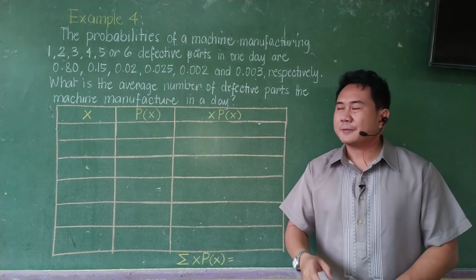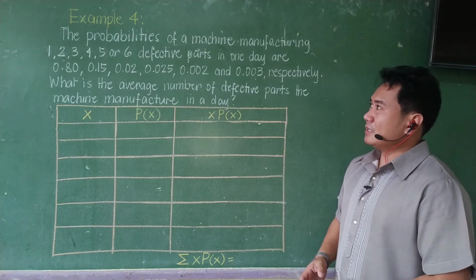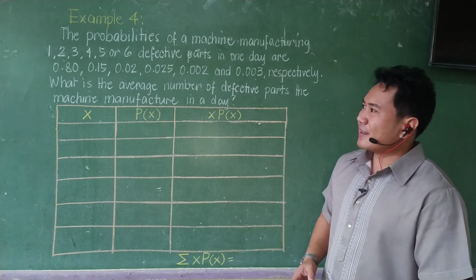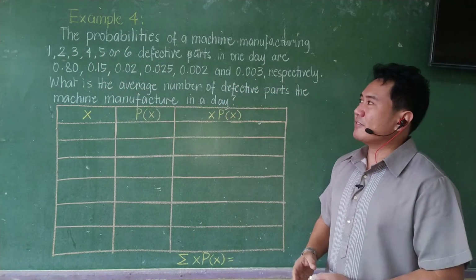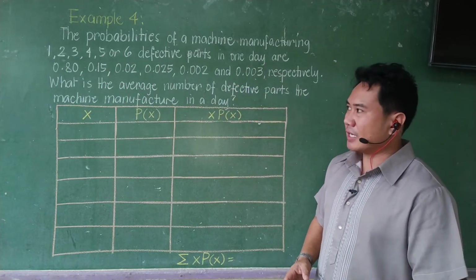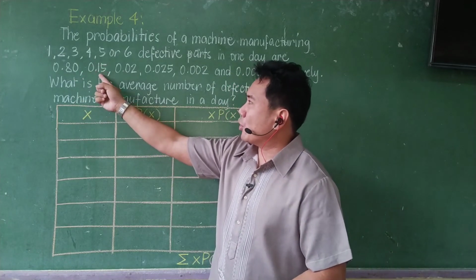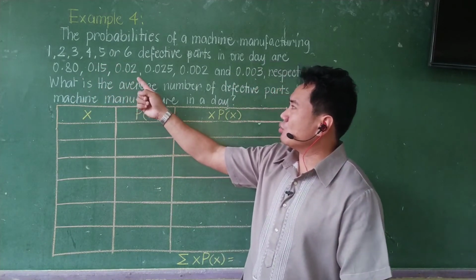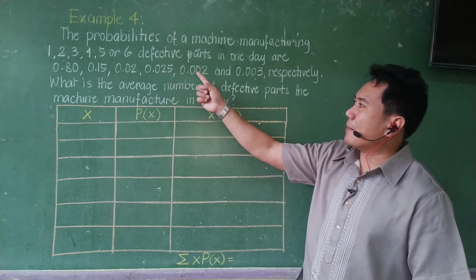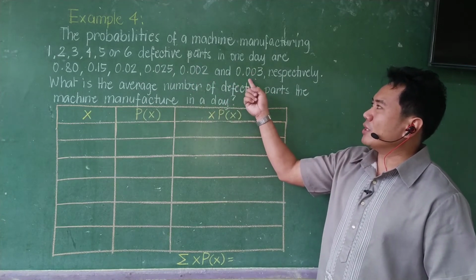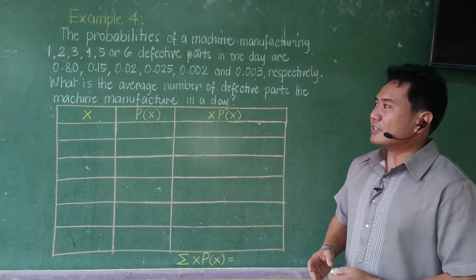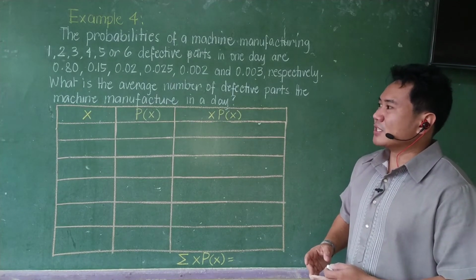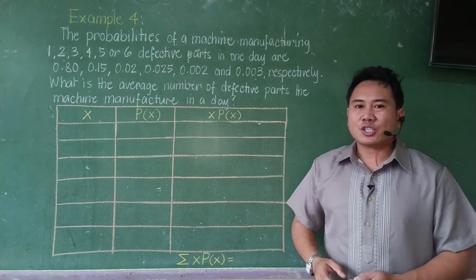Example number 4. The probabilities of a machine manufacturing 1, 2, 3, 4, 5, or 6 defective parts in one day are 0.8, 0.15, 0.02, 0.025, 0.002, and 0.003 respectively. What is the average number of defective parts that the machine manufactures in a day?